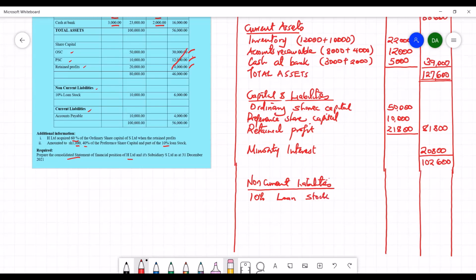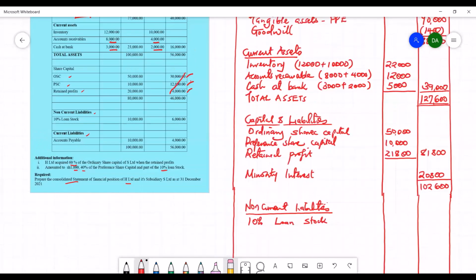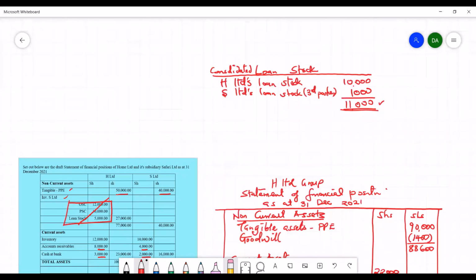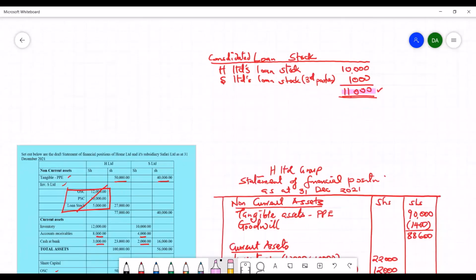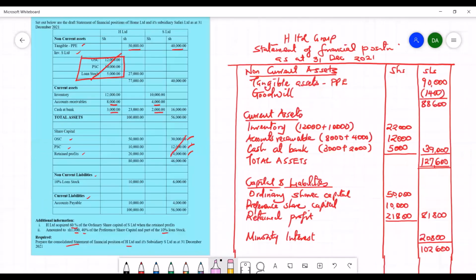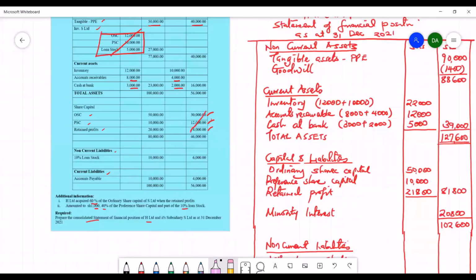And we also determine the 10% loan stock, the one that belongs to the group loan stock. And we determine that the group's loan stock was equal to 11,000. You can see the 11,000, whereby we talked about the 11,000 to be determined as follows.